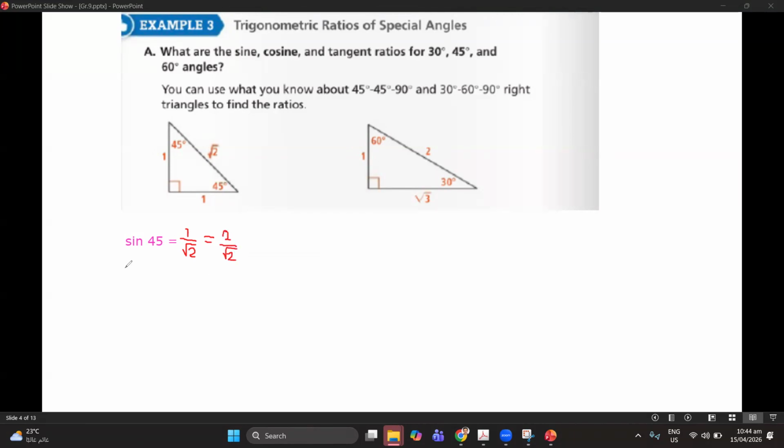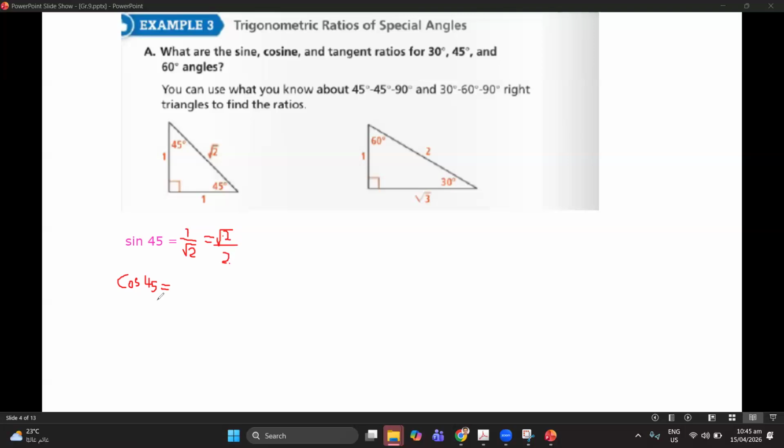Now, how can I find cosine of 45? Who can help me? Cosine of 45. Teacher, it should be square root of 2 over 2, right? Yes, yes. Okay, just a minute. It's square root of 2 over 2. Thank you.